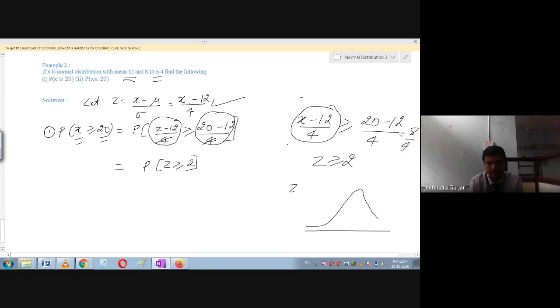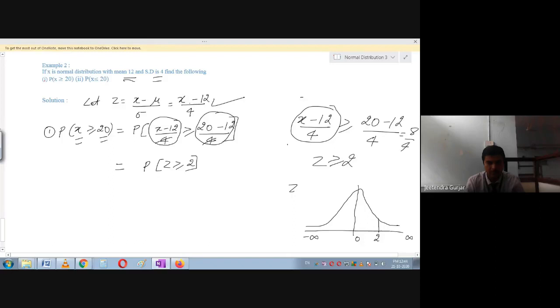Yes, please remember. So this is your normal distribution. Consider this as a straight line. So this is from minus infinity, and here I am going to take this as 0. Somewhere here, this is 2, and you're going to get this as plus infinity.